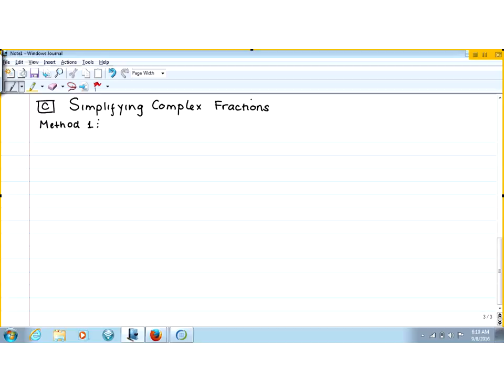So method 1: rewrite the division as multiplication with the reciprocal.